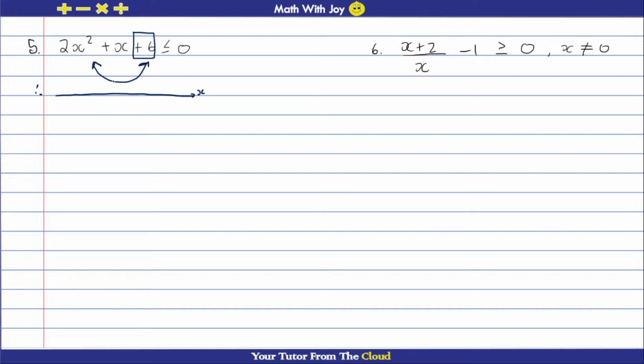You don't have to show the y-axis, but do show it just to show that you understand what's going on there. All right, so then you'll tell them no solution. No roots, meaning.